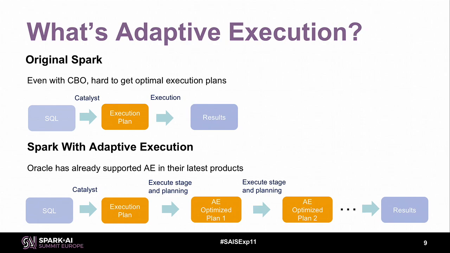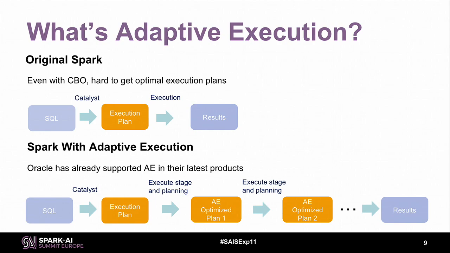This model requires the execution plan to be fixed before execution. It is not very flexible. In many situations, even with the CBO, it is hard to know the behavior of the data well enough to get the optimal execution plan. So in adaptive execution, the execution plan is not fixed. Firstly, Catalyst will generate an initial execution plan.